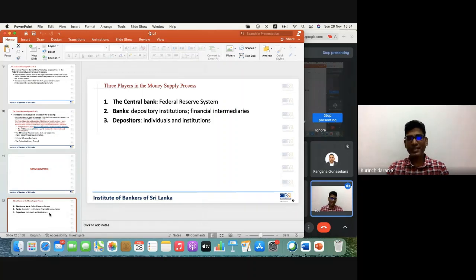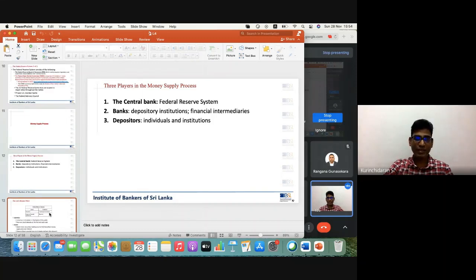The second is the other banks, especially commercial banks. And third, depositors. Central banks, banks, and depositors. So money supply is the mechanism that involves these three stakeholders.